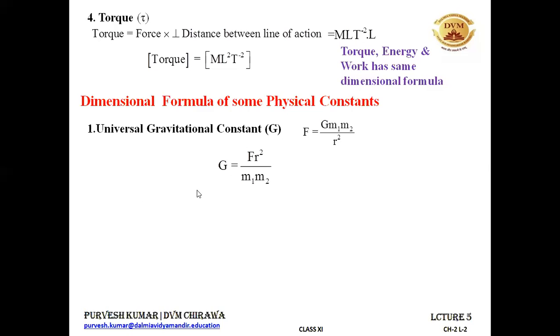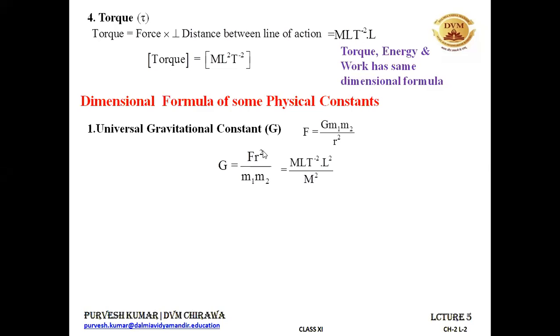Now moving towards this, G is equal to F r square upon m1 m2. All right. In order to find the dimensional formula for G, we need to write the dimensional formula for F and then r square, and then divide it by the dimensional formula for m1 and m2. So you can write it like this.